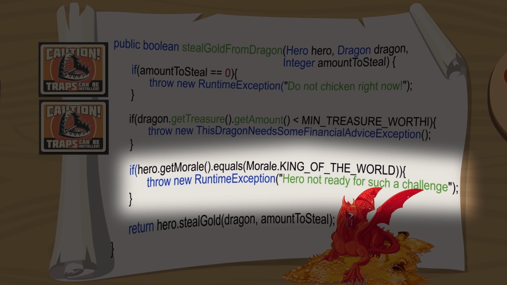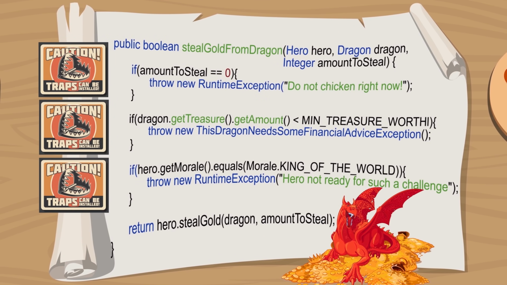And finally, for some reason, the person who was responsible for coding the morale engine might have assumed that if the morale level of our hero is at its lowest, we just set it to null. This will cause yet another null pointer exception to be thrown. We have to do something about it.